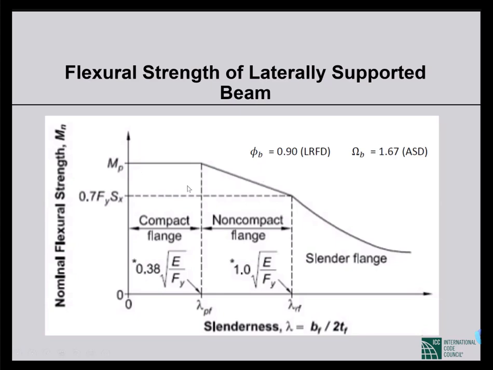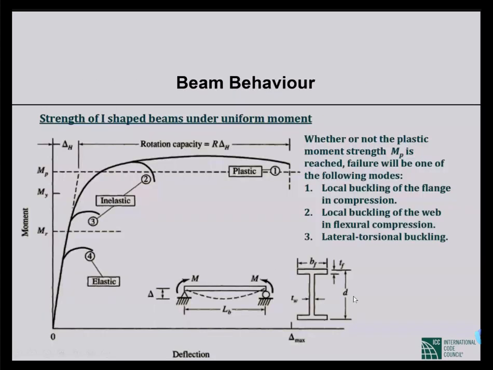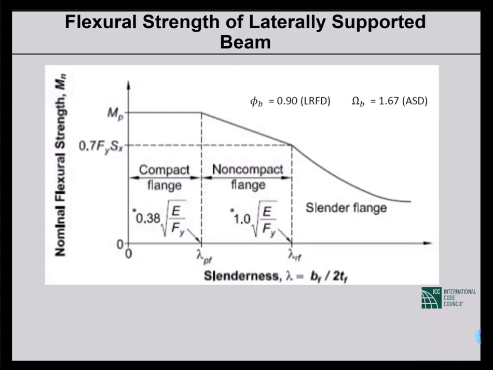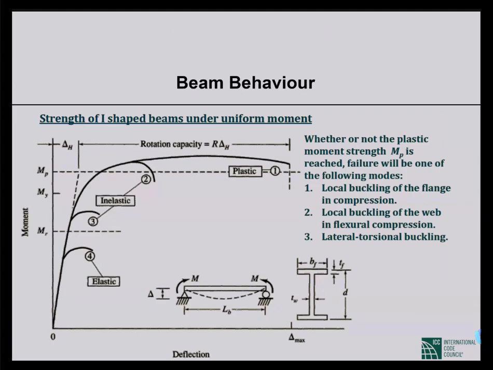And for flexural calculation, we'll have phi b 0.9 and omega b 1.67 always. So there will be some safety factors, some capacity reduction factors. That's phi b. Anyway, depending on these limits, we'll have different formulas.